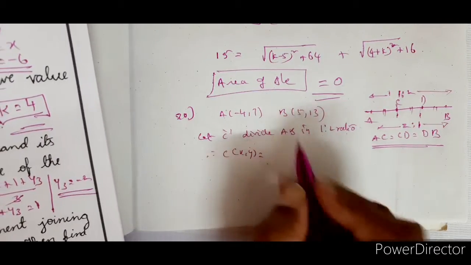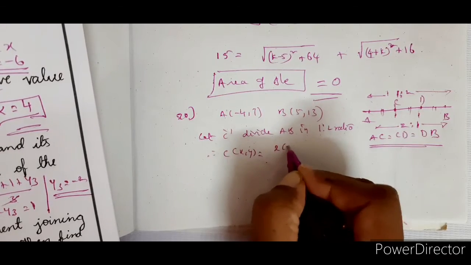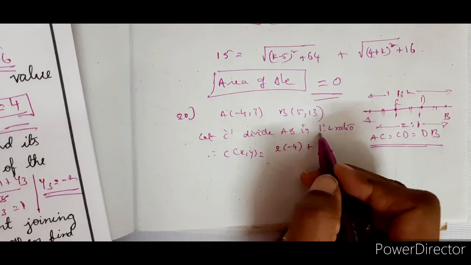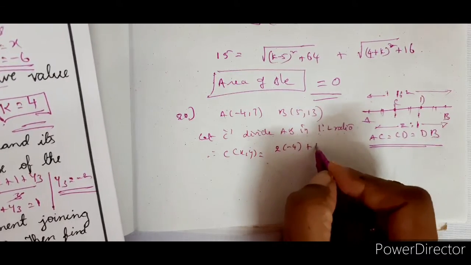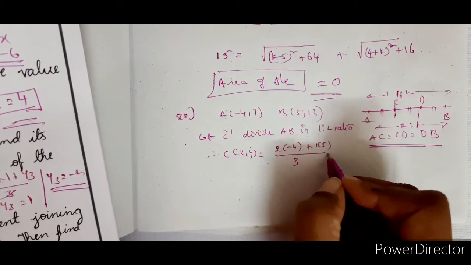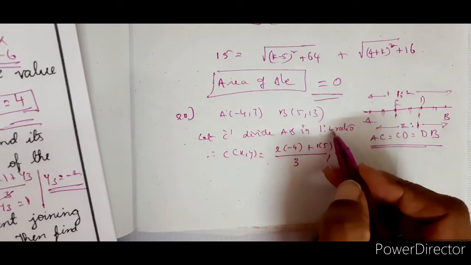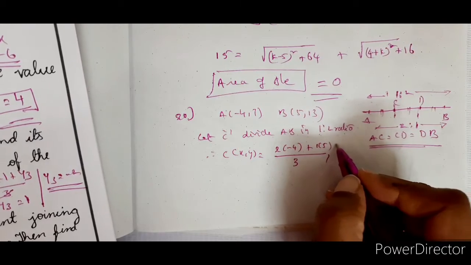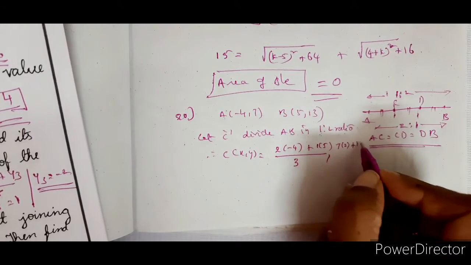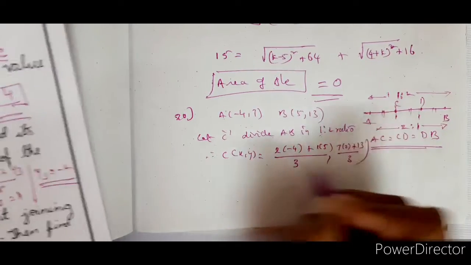m2x1, 2 of -4, plus m1x2, 1 of 5, divided by m1 plus m2, that is 3, comma, now m2y1, that is 7 into 2, plus m1y2, that is 13, divided by 3.